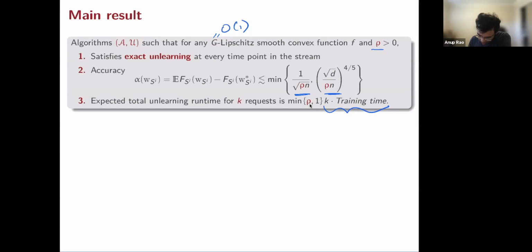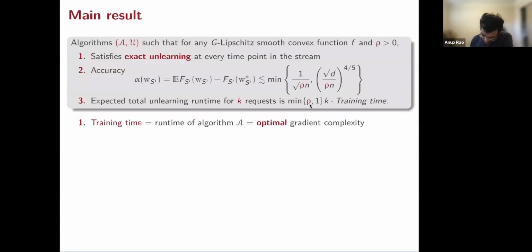But we can save that by a factor of rho. So think of rho as something less than 1. So we need to retrain only a rho fraction of the times as compared to just retraining every time.